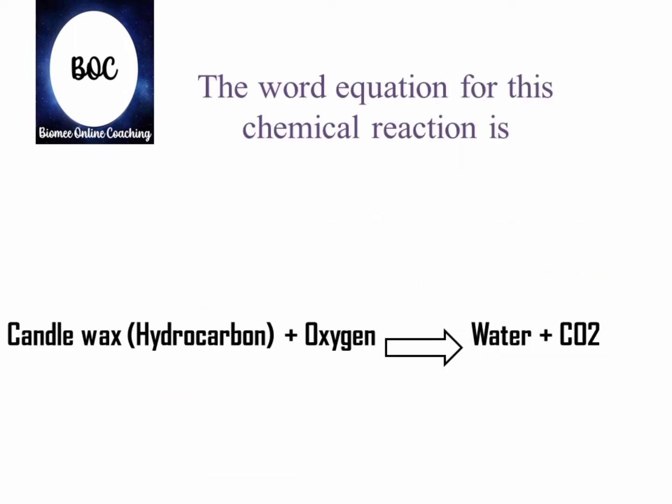The word equation for this chemical reaction is: candle, which is composed of a hydrocarbon called paraffin, reacts with oxygen to form water and carbon dioxide. This experiment shows that about one-fifth of the air is used up when something burns. That is because about one-fifth of the air is oxygen.